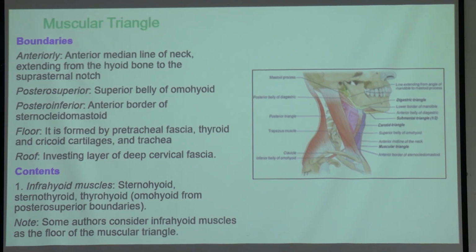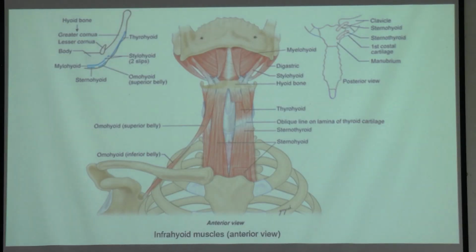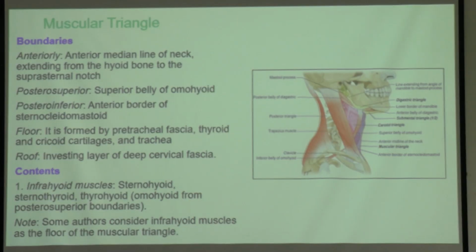Now about the muscular triangle, which is present in the midline. The lower limit is the suprasternal notch of the sternum, above it is the hyoid bone, and posteriorly we can get the superior belly of the omohyoid and also the anterior border of the sternocleidomastoid.